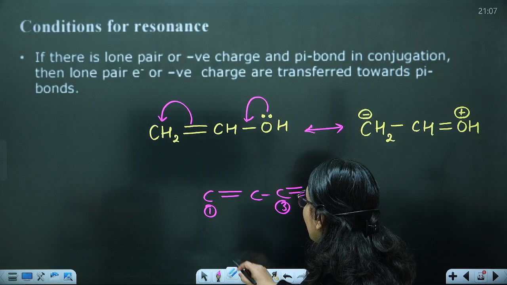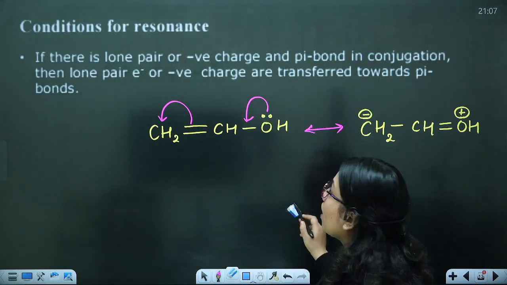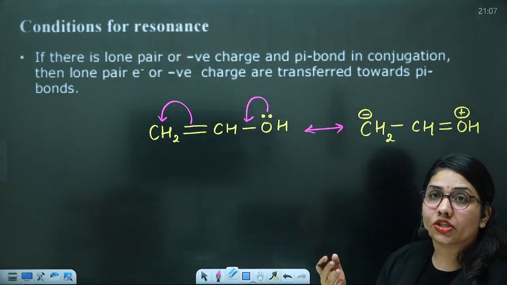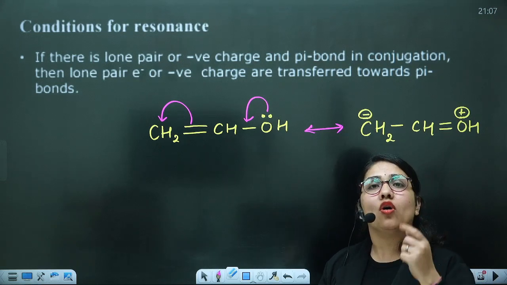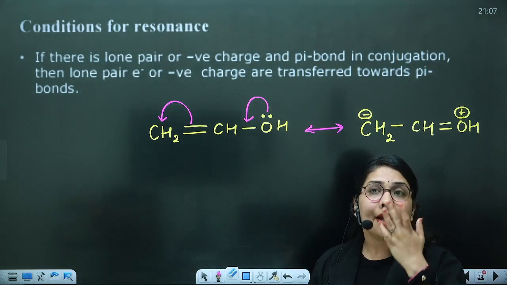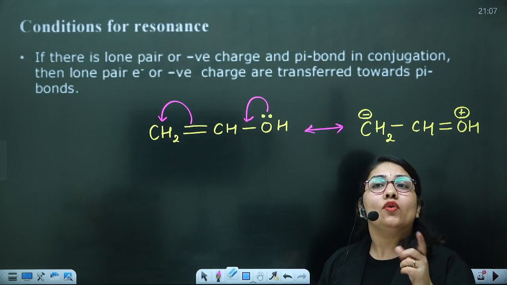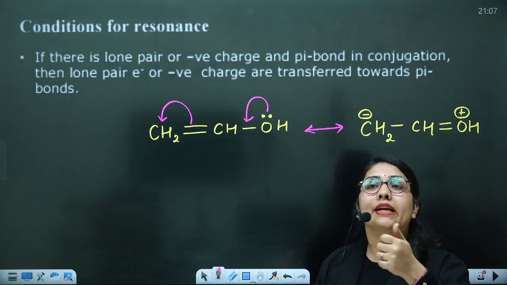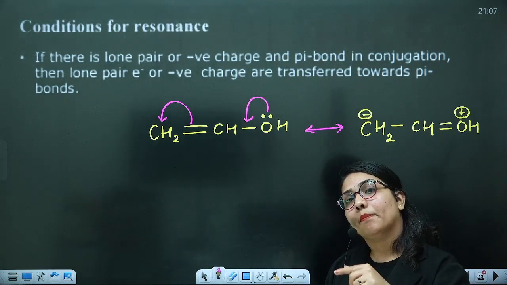But if we do not have that condition and we have the other condition, that is a lone pair or negative charge and a pi bond in conjugation, then the lone pair of electrons or negative charge are transferred toward the pi bond.